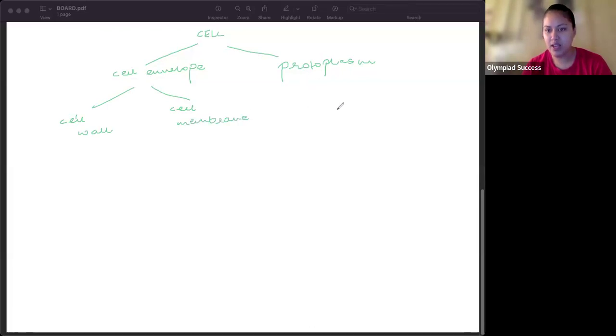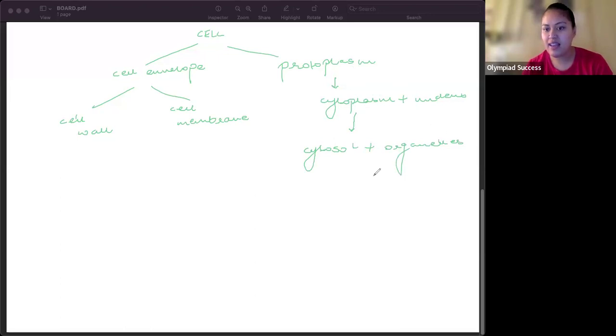Protoplasm, on the other hand, is cytoplasm plus the nucleus. So anything that is present inside the cell membrane is protoplasm. Protoplasm minus the nucleus is the cytoplasm. And cytoplasm is made up of cytosol plus all your other organelles.